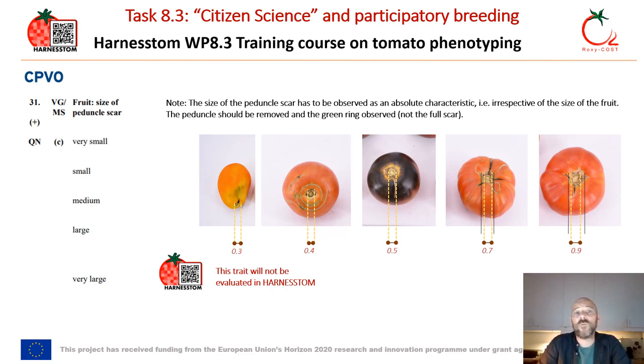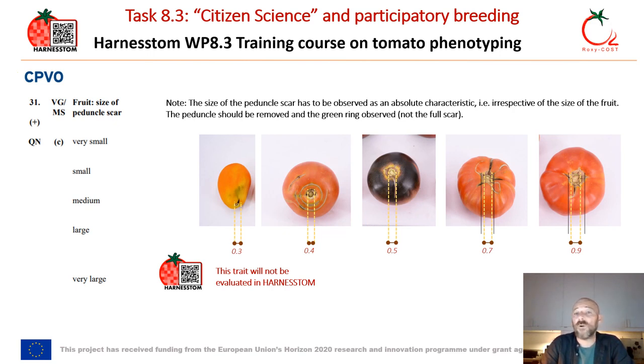This is a trait not usually considered in phenotyping kits because of the difficulty in standardizing the measurement. According to CPVO, the size of the peduncle scar should be observed as an absolute characteristic, irrespective of the fruit size. The scar can be classified on a scale from very small to very large.